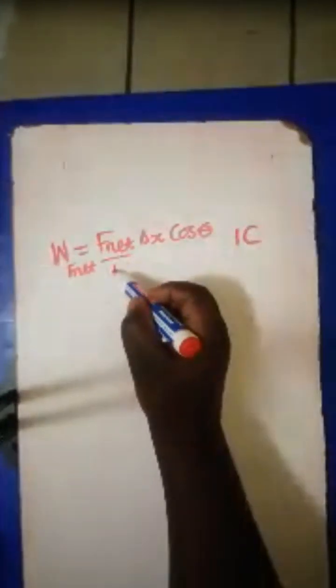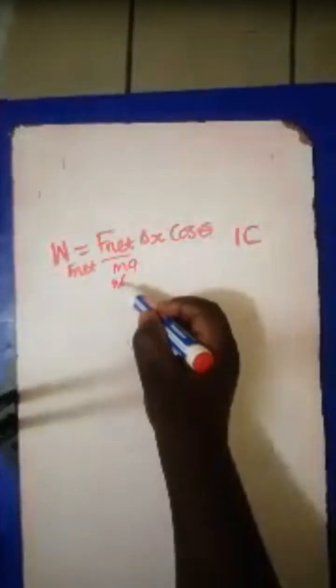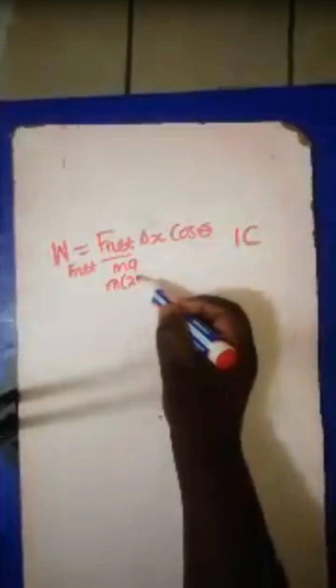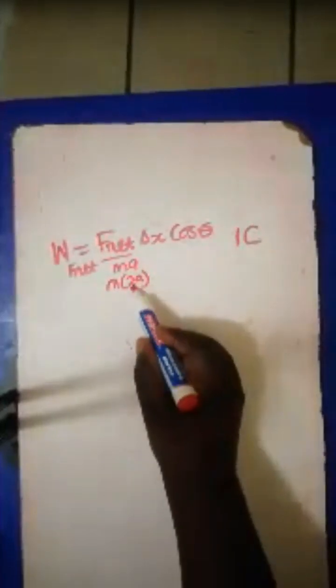The work will double, because F net is no longer ma, but it's now m times 2a. So the moment you double the acceleration, you double the work. So our answer was supposed to be C, 2W. You give yourself 2 marks for the first question.